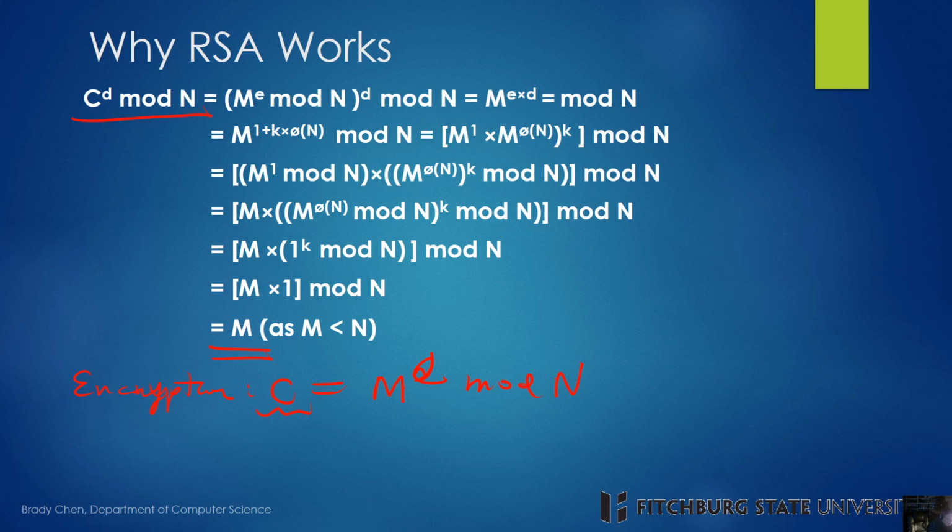And then we can calculate c to the d mod n, and we will get back to m. So encryption and decryption basically perform the same operation but with different keys. Then we will actually just analyze this and show that the RSA actually works.